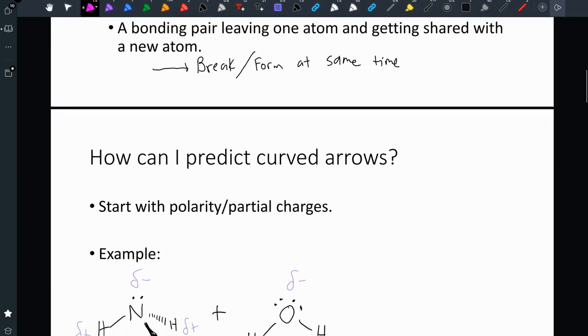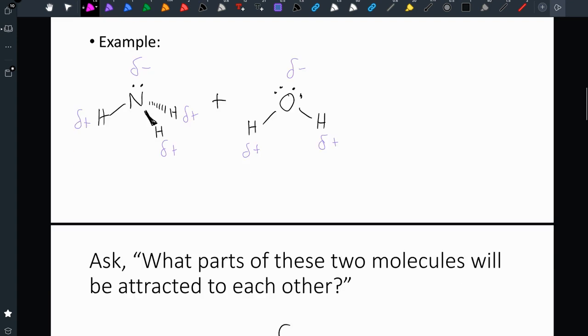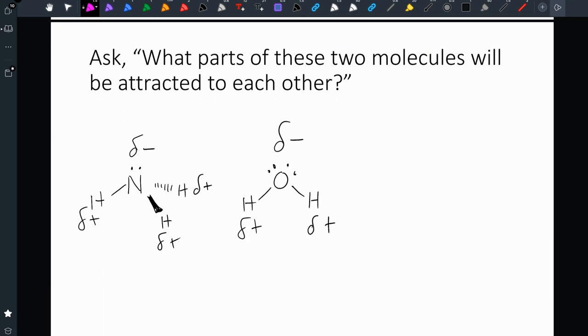So when I think about these two molecules, I'm going to ask myself what parts will be attracted to each other. And for these, there's really two options. I could imagine the nitrogen being attracted to one of the hydrogens of water, right? Opposites attract.